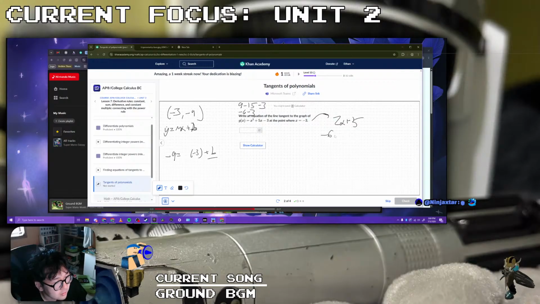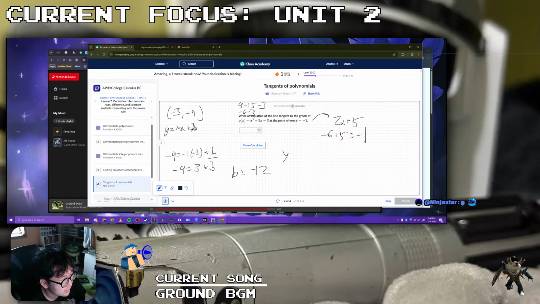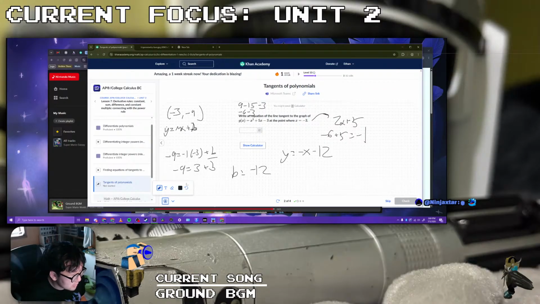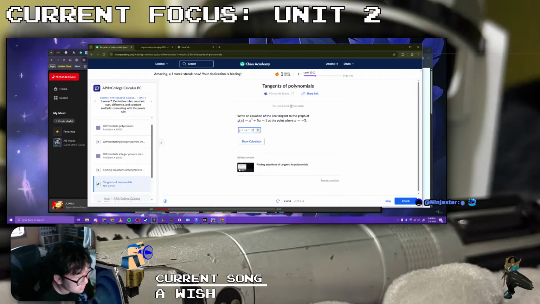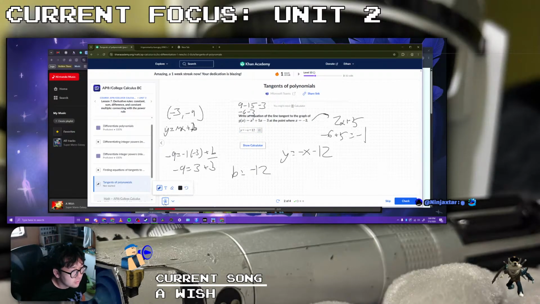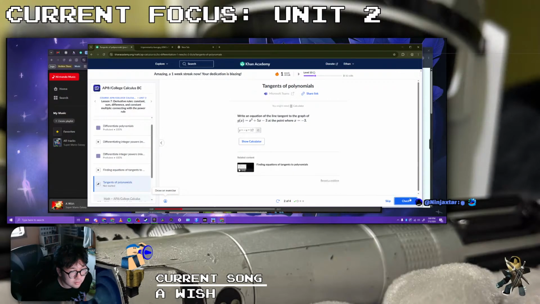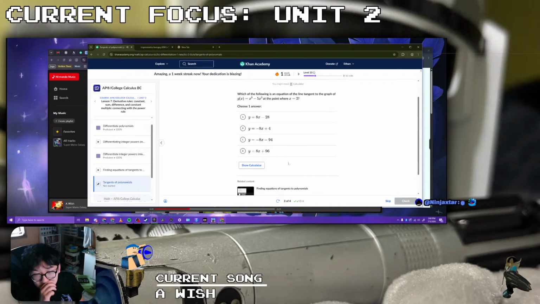Plug in -3: -6 plus 5 equals -1. So -9 equals 3 plus b. Subtract, so b equals -12. Now it's going to be y equals -x minus 12. Yeah, don't know where the plus came from. That would have been bad if I got that wrong, and embarrassing.